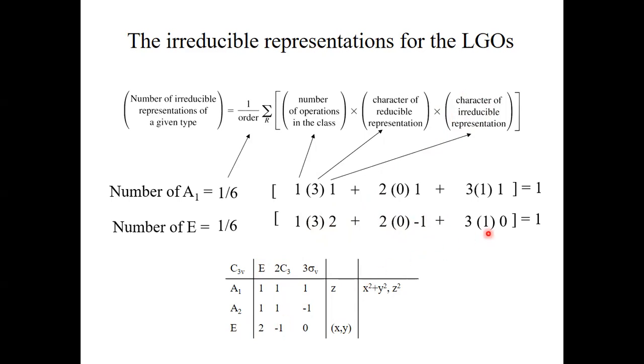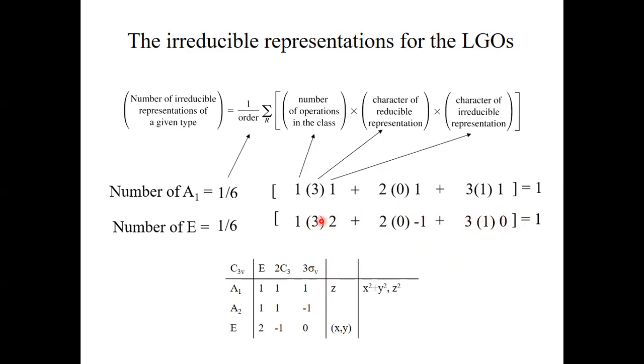So to that we have to add this product. So the number of operations in the class is 3, because we have 3 sigma v's. The character of the reducible representation is 1, and the character of the irreducible representation is 0. So that's this 0 here. Now when you calculate this, then this is 6 plus 0 plus 0.